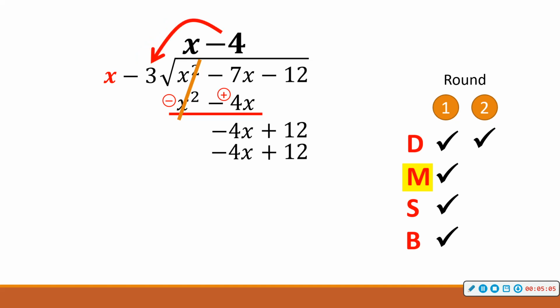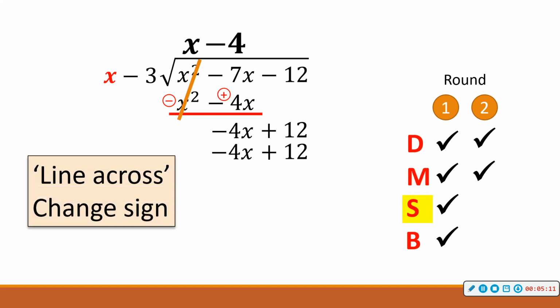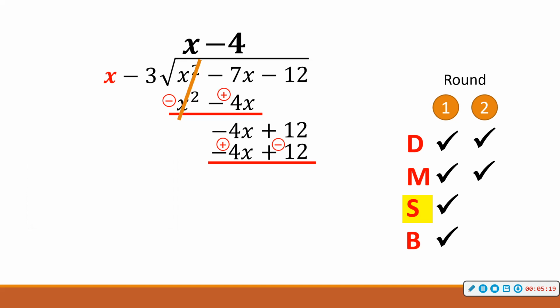That's the multiply done, because now when I do my subtract, line across, change signs. That becomes a plus 4x. Change the sign of the plus 12, that becomes a minus 12. And now when I go to subtract, minus 4x plus 4x, cancel. 12 minus 12, gone. And we're left with 0 there.